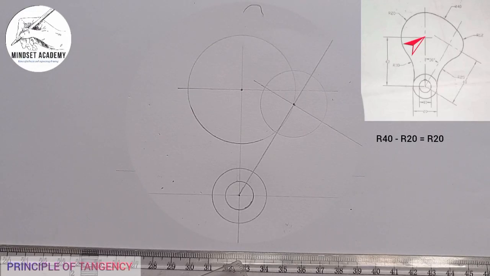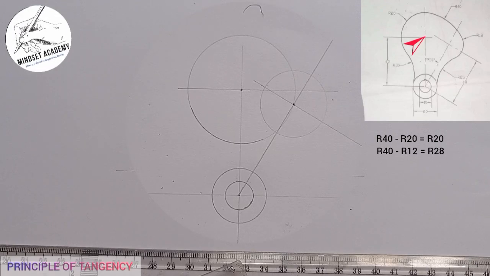Then the other one has a radius of 12. So I'm going to say radius 40, the same, because they have one radius in common, which is radius 40, minus radius 12. And that is going to give us 28.